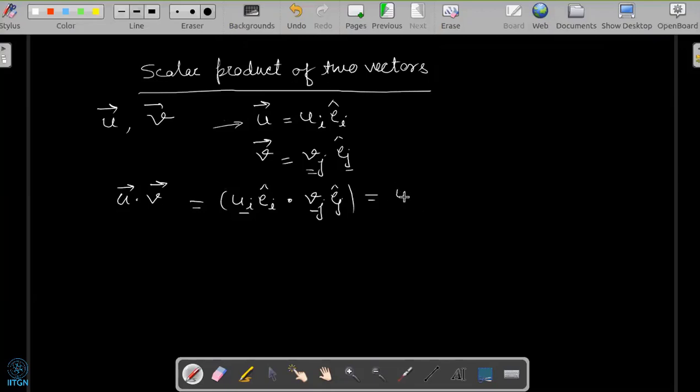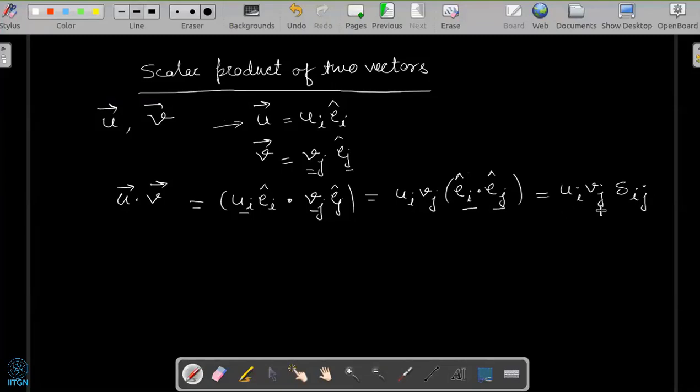Now we will write u_i v_j together because it is a scalar quantity. Here we do the dot product operation on the two base vectors, and write this as e_i dot e_j, times u_i v_j. The dot product of these gives the Kronecker delta, delta_ij.